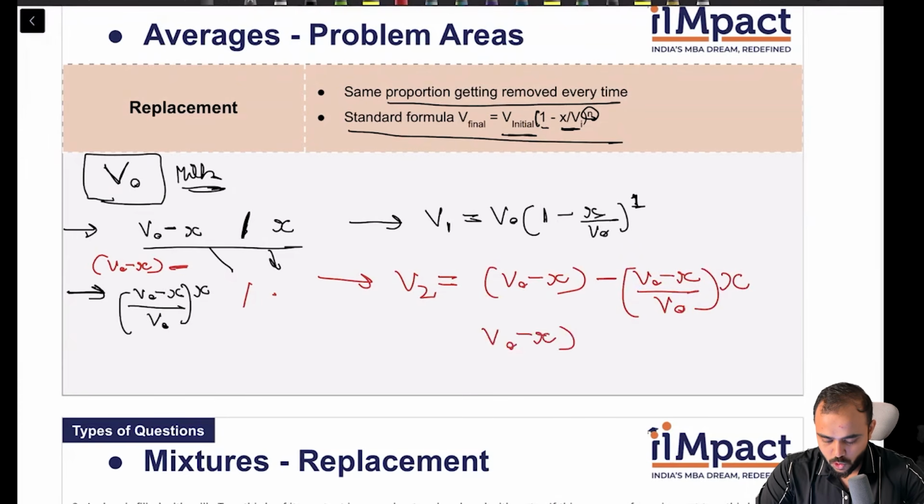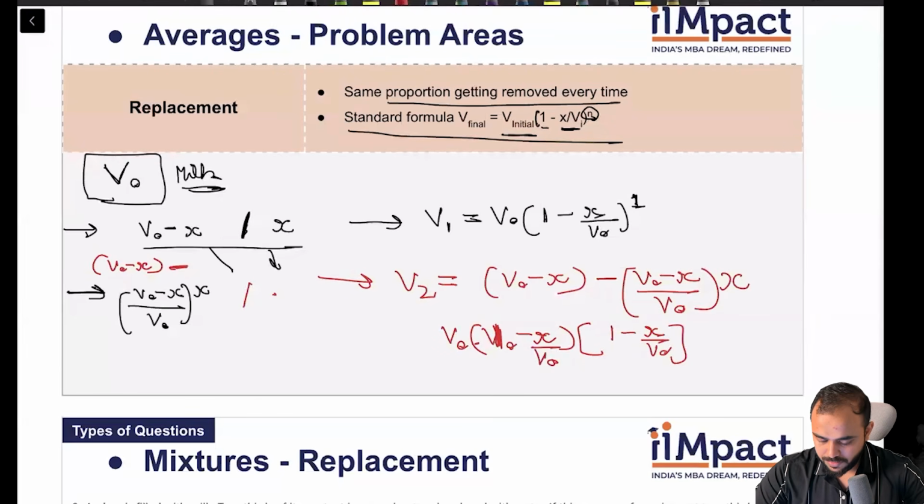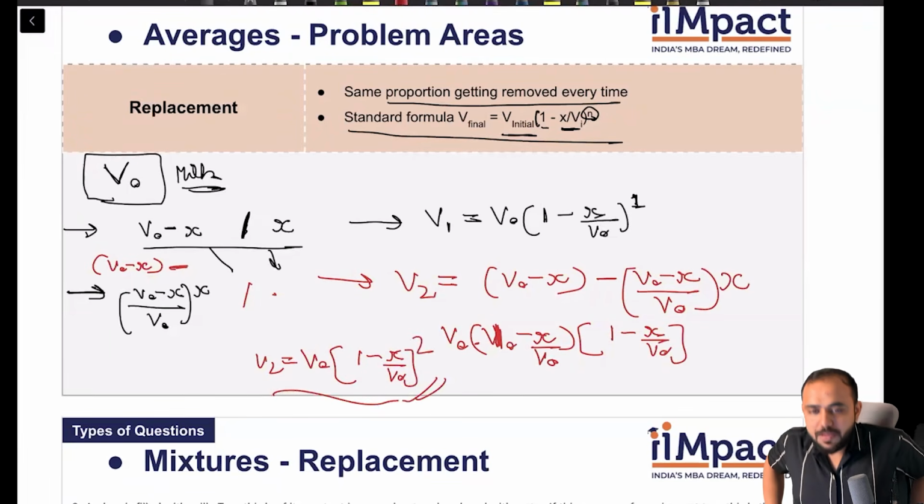V naught minus X I took common. This becomes 1 minus X by V naught, 1 minus X by V naught. And if I again take V naught common from here, I will get this 1 minus X by V naught into 1 minus X by V naught, which becomes V2 is equal to V naught times 1 minus X by V naught whole square.